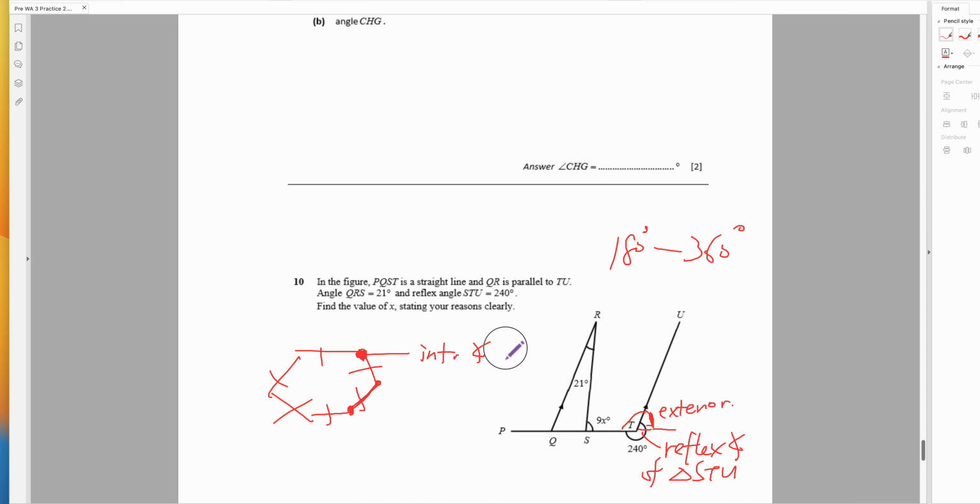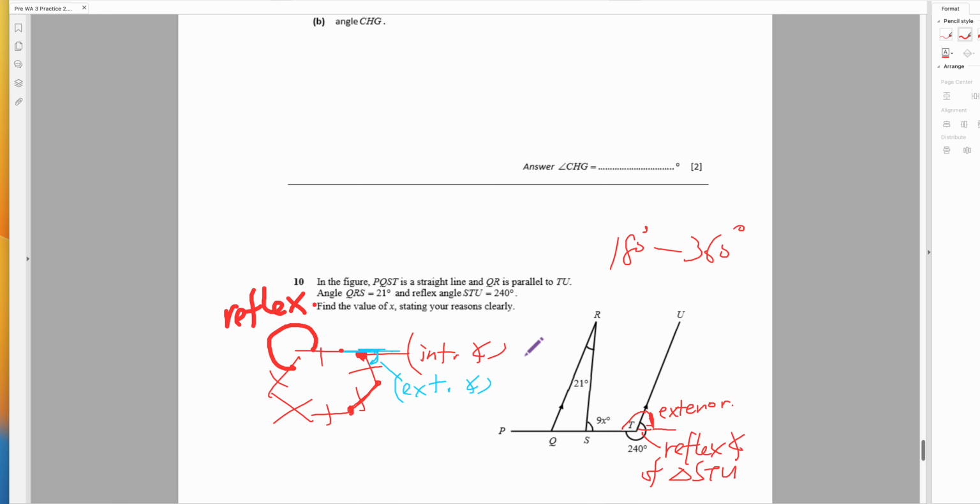Then the exterior angle will be this angle. You extend the line, so this is the exterior angle. And this whole thing is called a reflex.